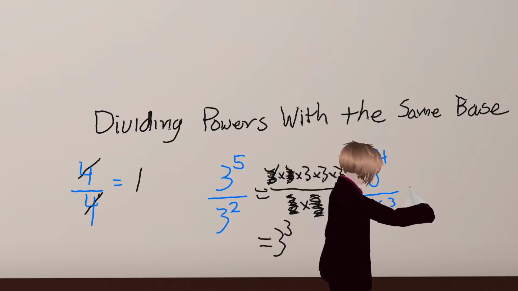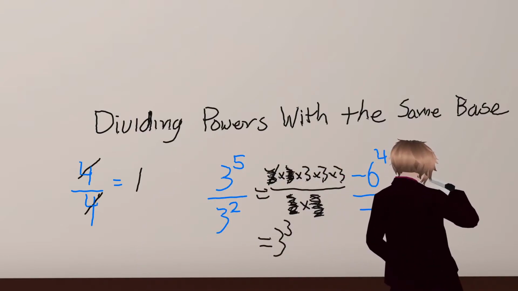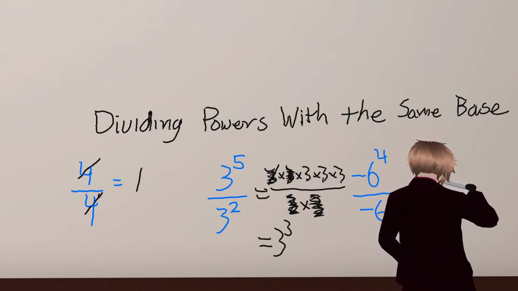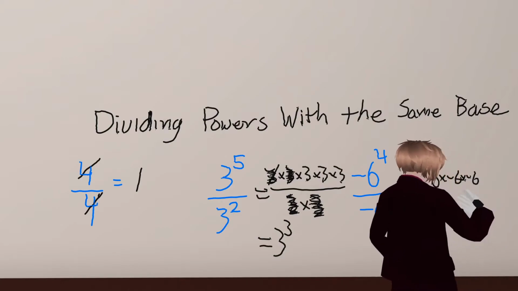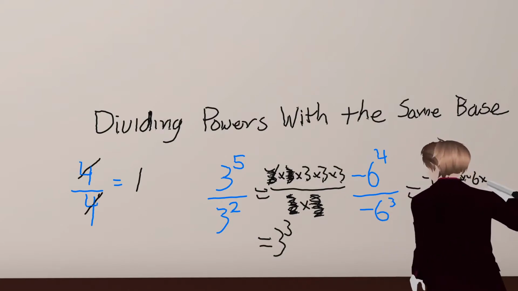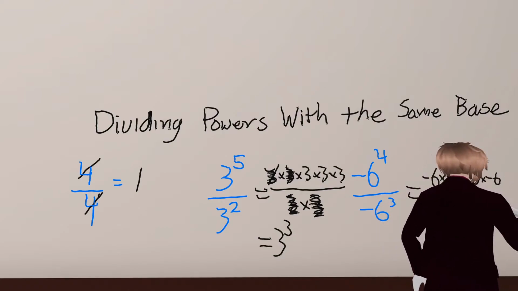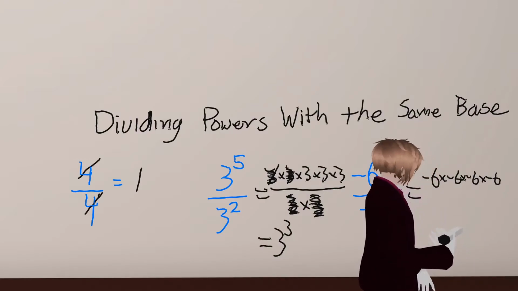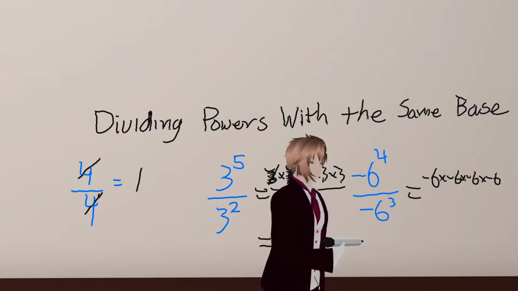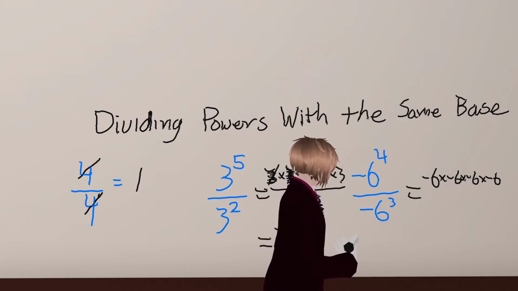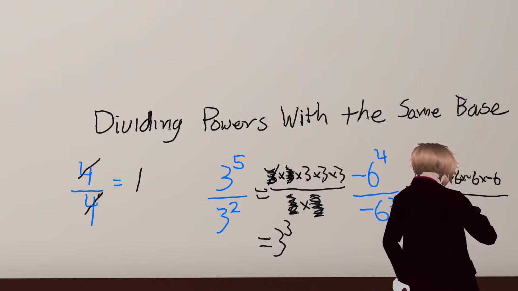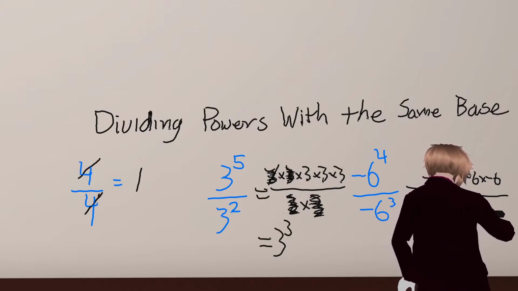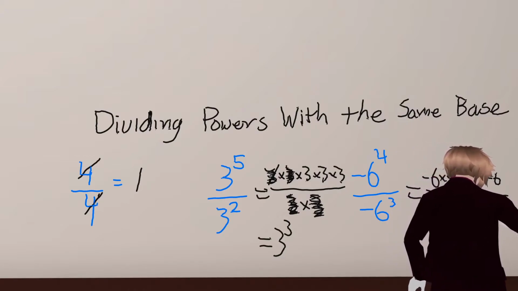So we have negative 6 times negative 6 times negative 6 times negative 6. And that's divided by negative 6 to the power of 3. So this is then divided by negative 6 times negative 6 times negative 6.